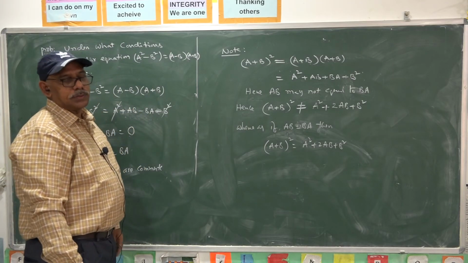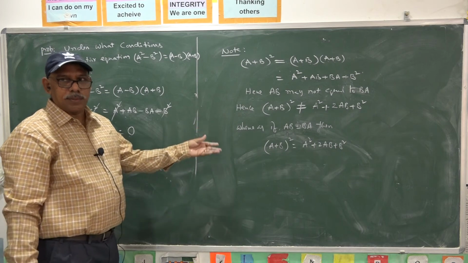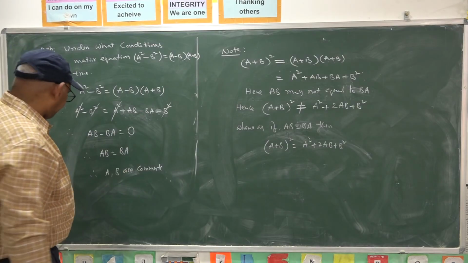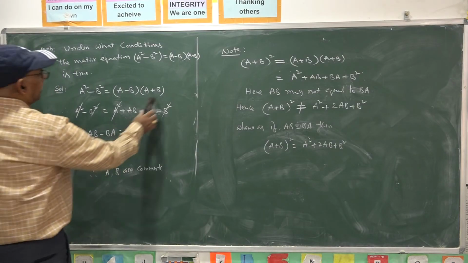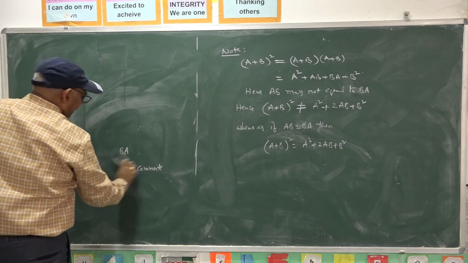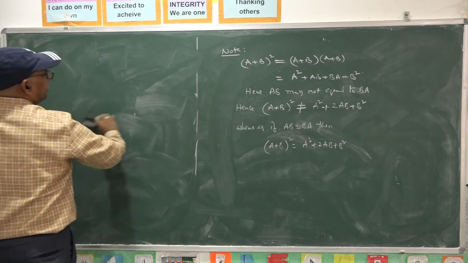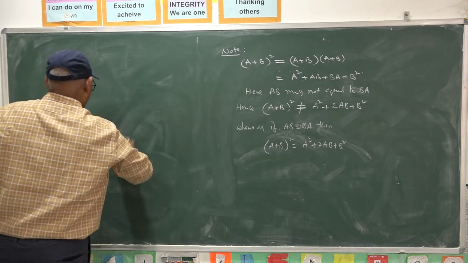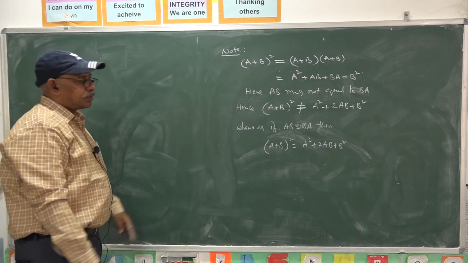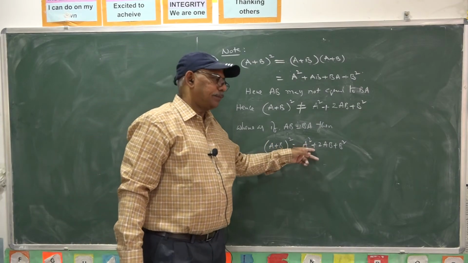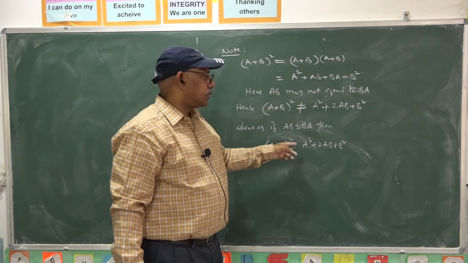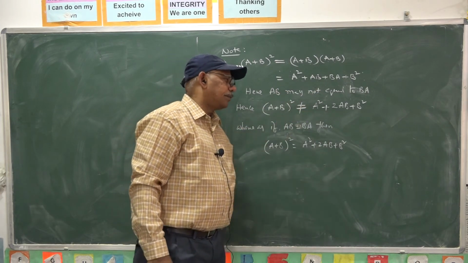Similarly, you can write A minus B whole square and the other integral powers of A plus B. Once A and B commute, only then can you write A plus B whole square equal to A square plus 2AB plus B square. Commute means if AB equals BA, only then you can write it like this. Otherwise, these two are not equal.